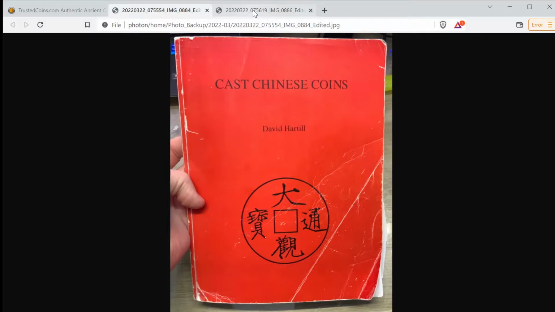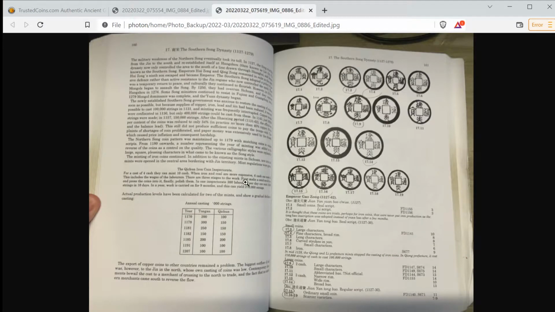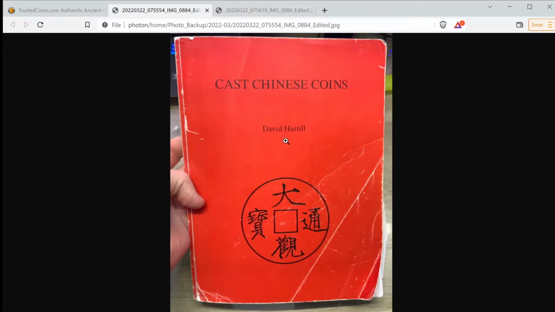What it has inside is thousands upon thousands of these line drawings where if you have an ancient Chinese coin, you can look through these pages and find it and reference it. And it has a lot of other great useful information in there.